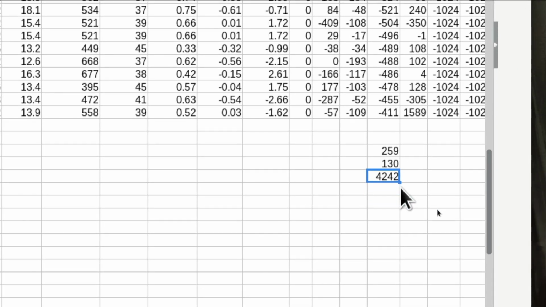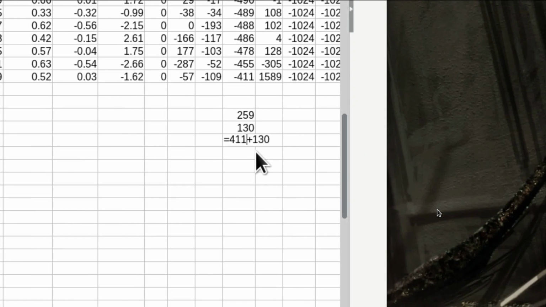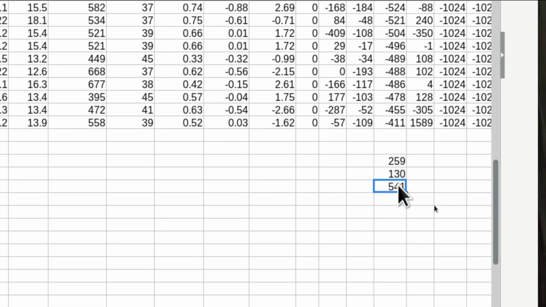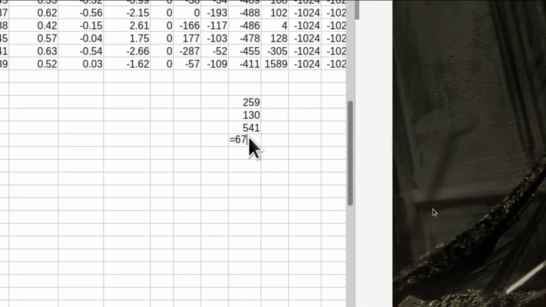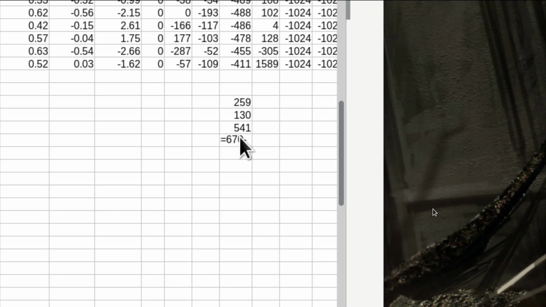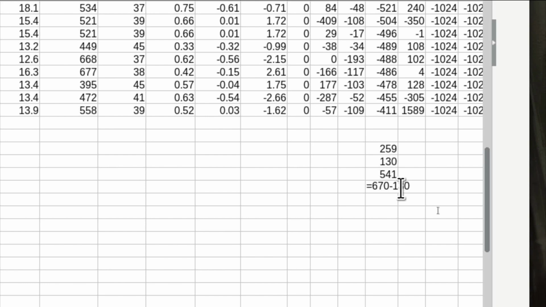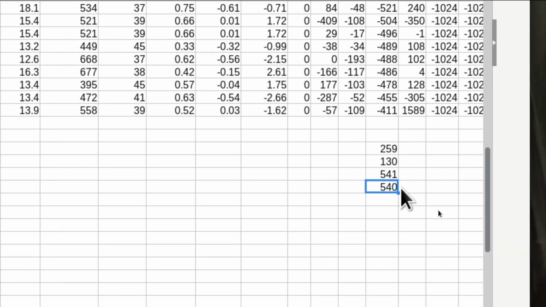Did I multiply? Oh, 4,000. That would be 541 is the middle. And then if we do 670 minus 130, we should get the number 541 here, or close. Yeah, 540. There you go.